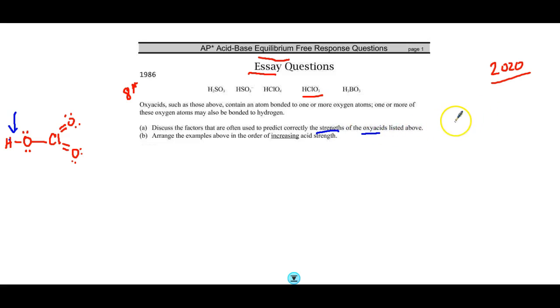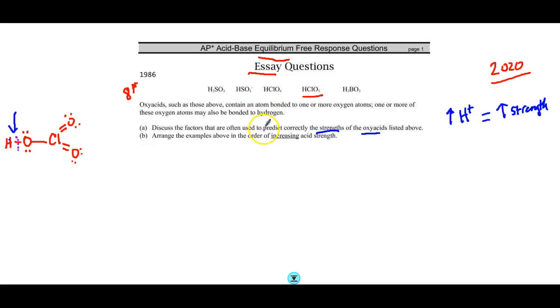Okay, so what is a strong acid? A strong acid is one that dissociates completely. So the percent of dissociation is what determines the strength of the acid. So what's going to determine what percent of this compound is going to allow this bond to break. Okay. All right, so that's just general.